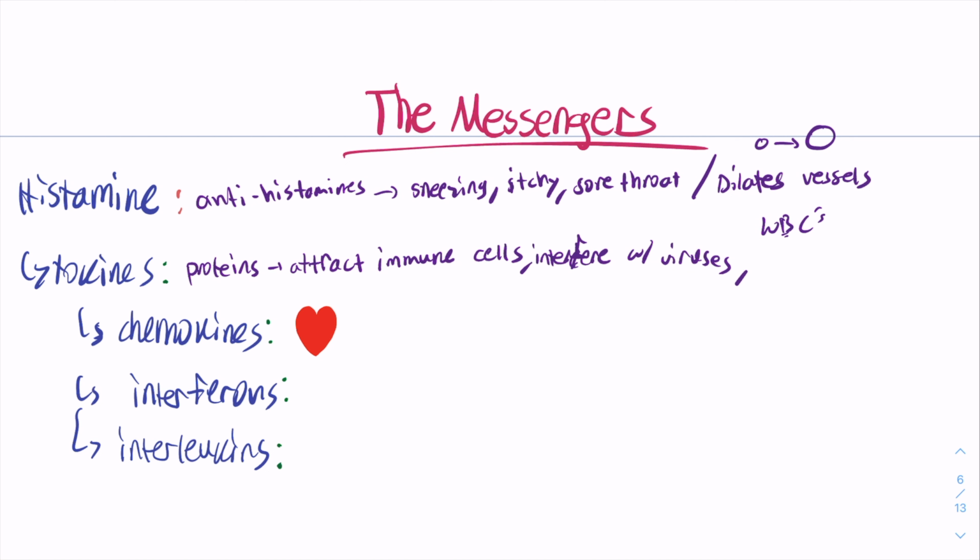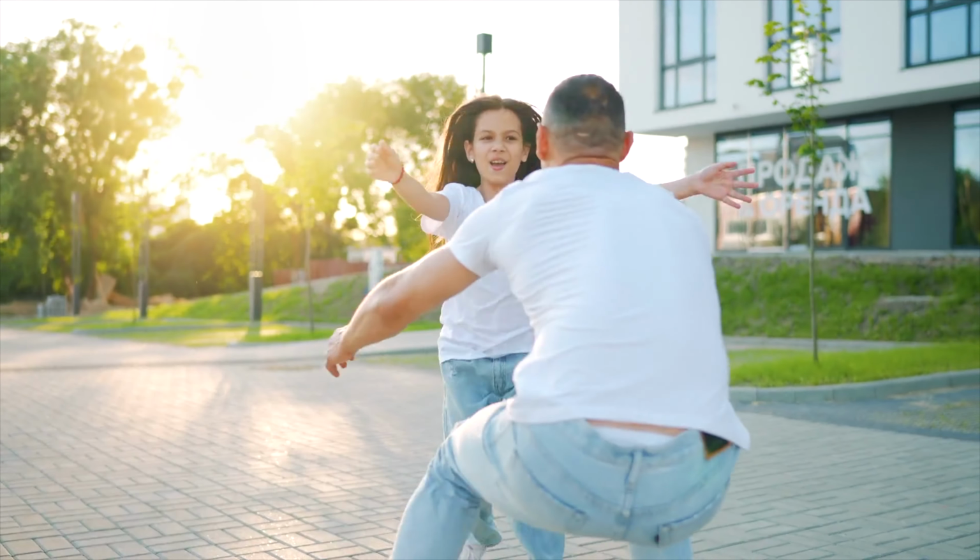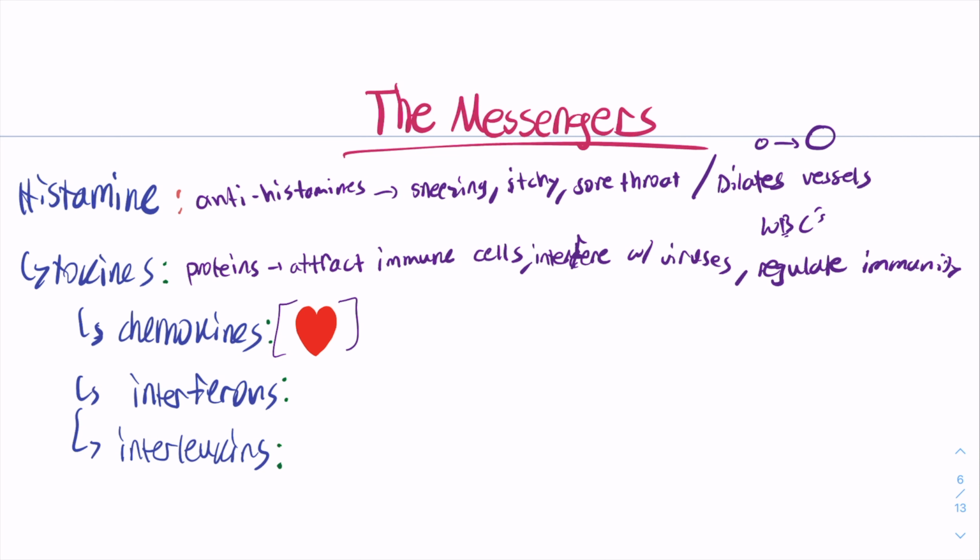And they do a bunch of other stuff. They regulate the immune system. A lot of this is what I'm going to describe down here. Chemokines are a cytokine that attracts immune cells. That's why I put this little heart here. Chemokines get sent out and they attract other white blood cells to come to a specific location and help out.